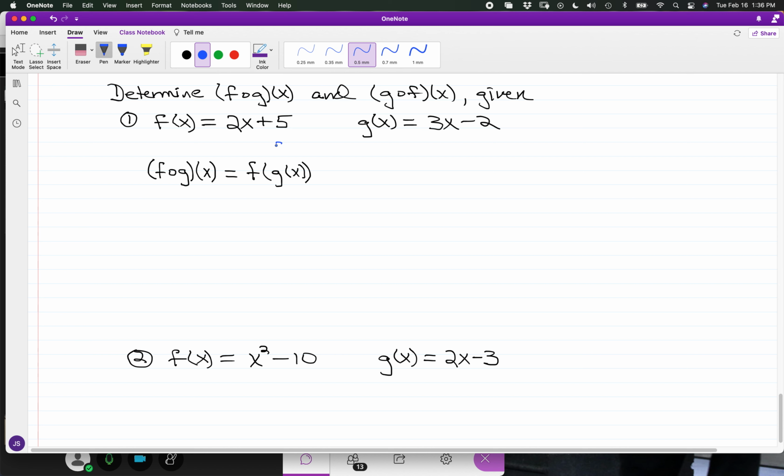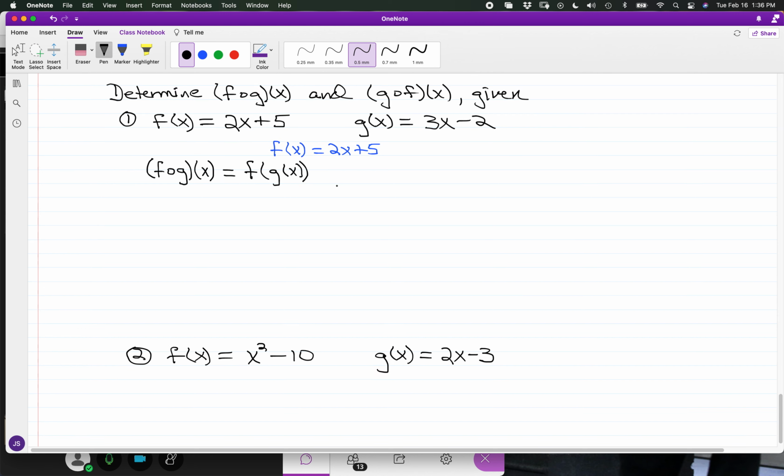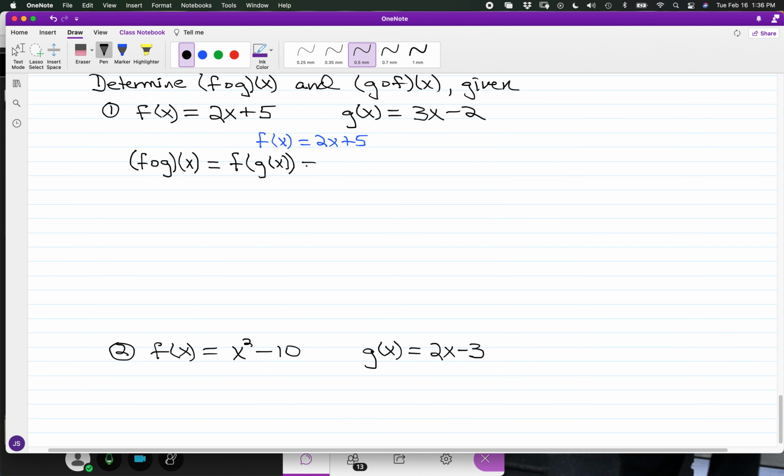So again, we have f of the input is equal to 2 times the input plus 5. Now for f of the input, with the input at g of x, you have 2 times g of x followed by the addition of 5.